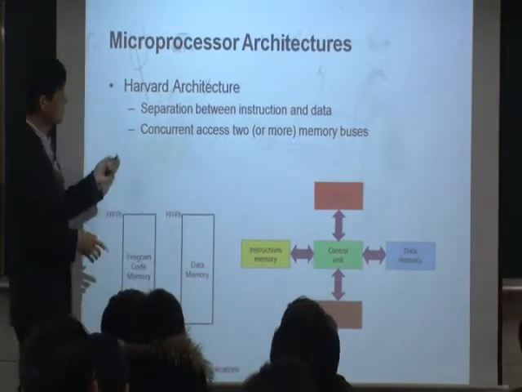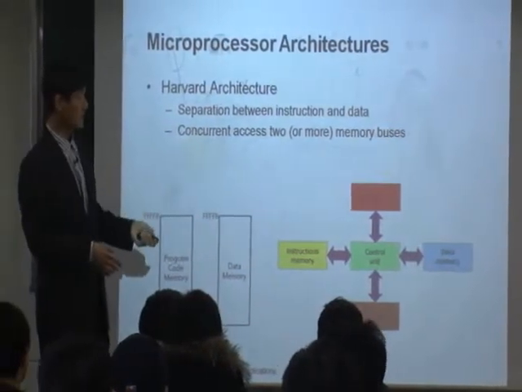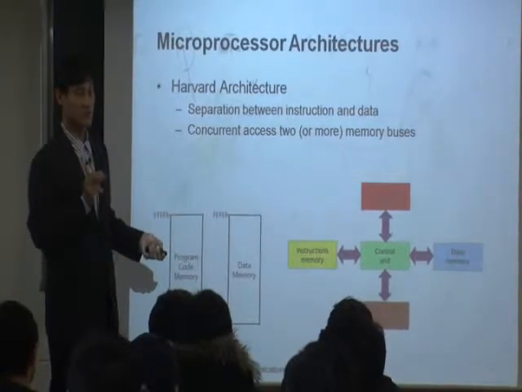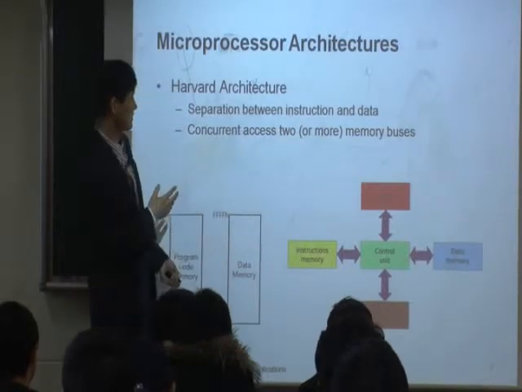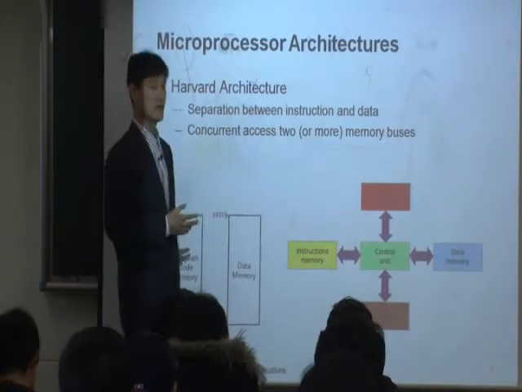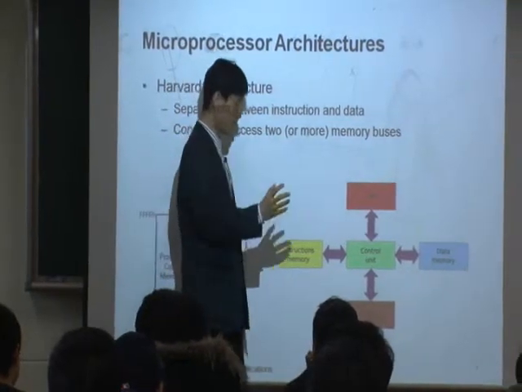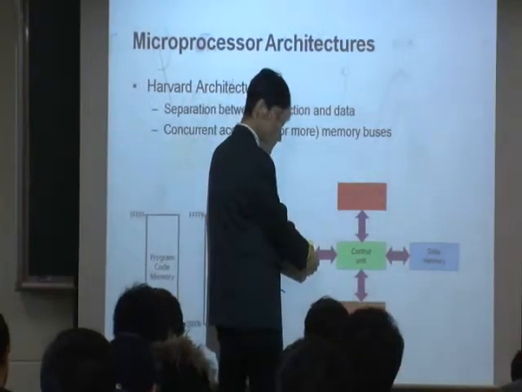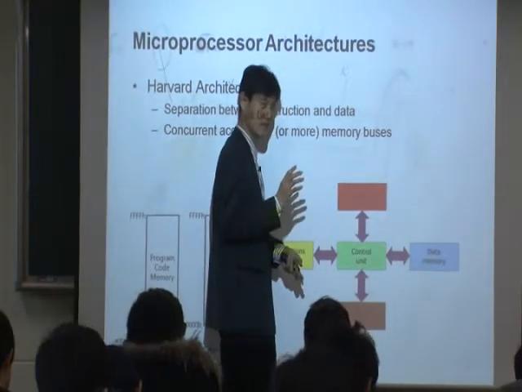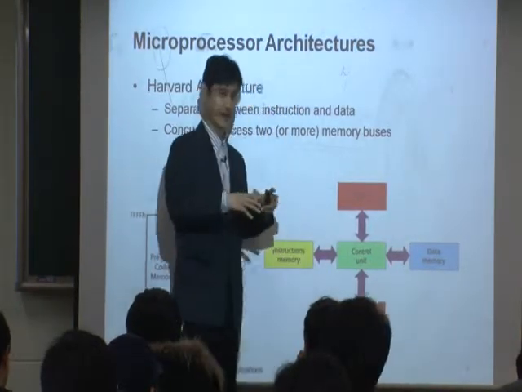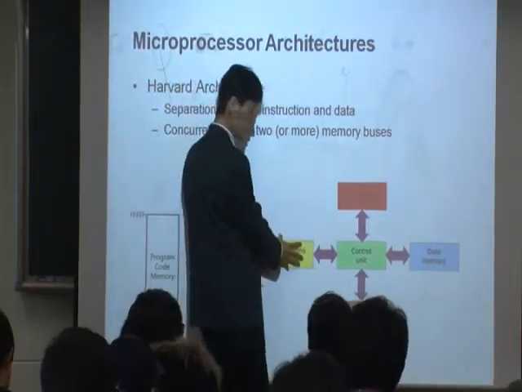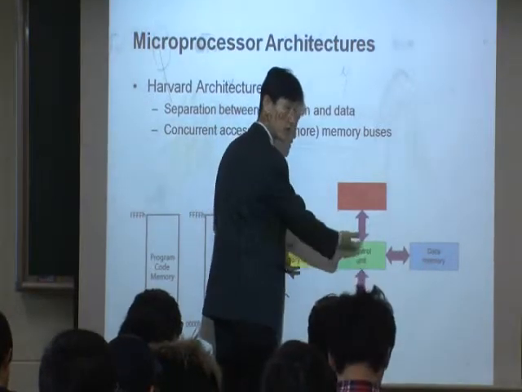And this Harvard architecture has two different buses to connect the two different memories. So what is a bus? Simply speaking, a bus is like a cable. It's not exactly a cable, but this all happens in the hardware. Inside the hardware, this memory and control unit are connected.